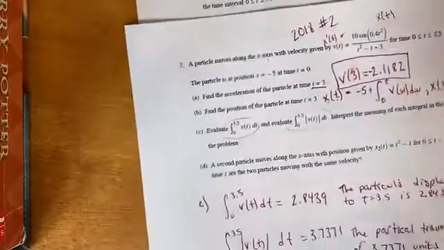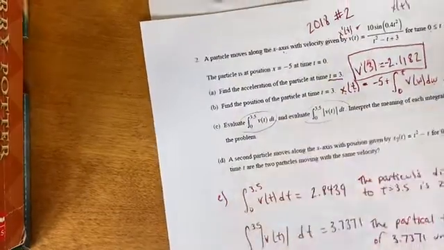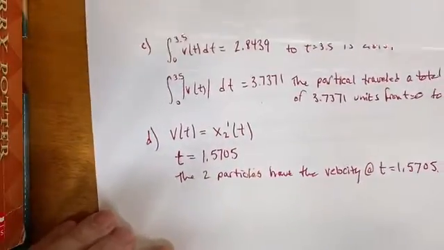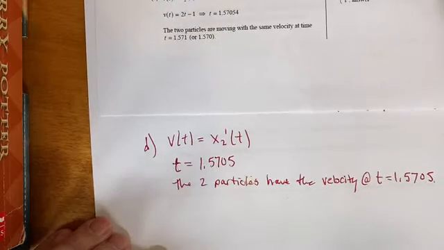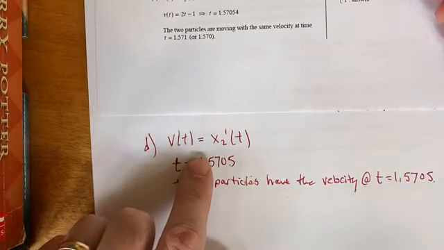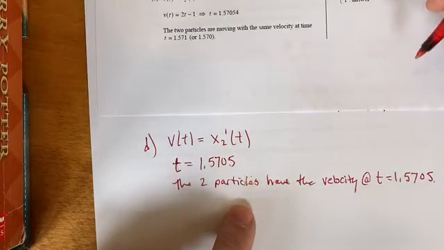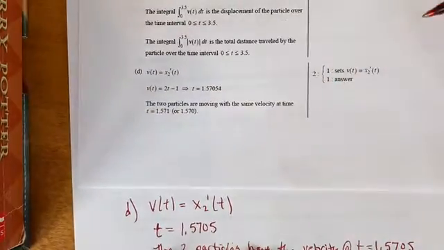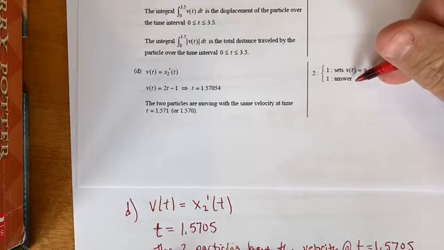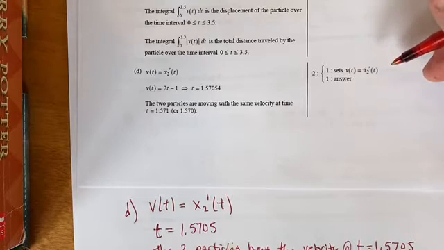And then for D, which I didn't label, is sets them equal and has the answer. Setting them equal is worth 1 point and getting the answer is the other one.